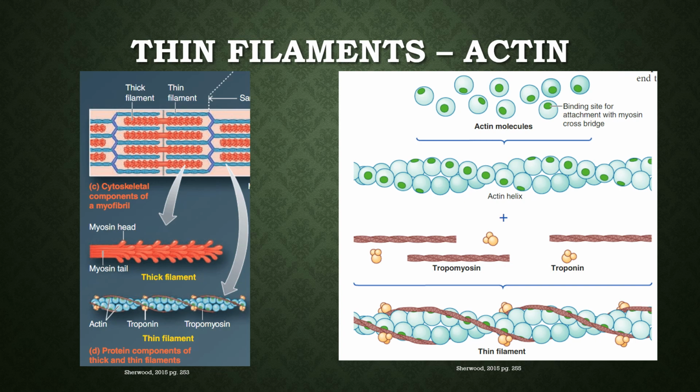And the image on the right here displays a thin filament, and it shows the tropomyosin and the troponin. We're going to get into those proteins in the next two slides. And then you can see the actin molecules, the green, that is the binding site for attachment with the myosin cross bridge.